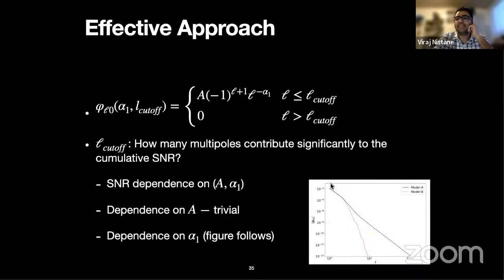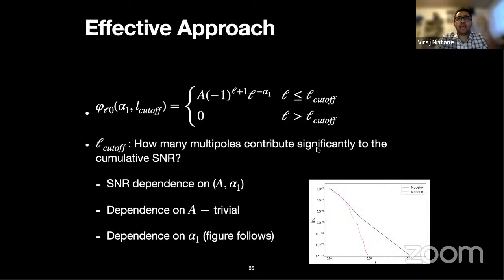We can easily see that it can be modeled by a power law function, which we have here, and this is called the effective approach. Here we have three parameters that we need to focus on. One is A, which is the amplitude of the lensing potential. The second one is alpha 1, which is the slope of the lensing potential.